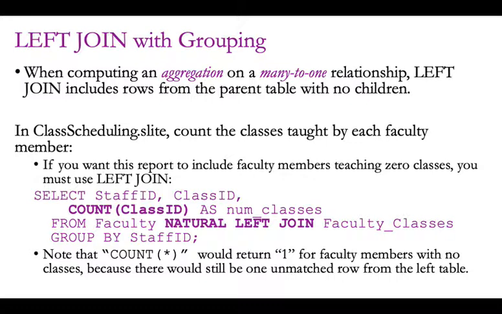But if you had count star instead of count class ID, you would get 1 for the faculty members that are teaching no classes, because they still have a row, but it just has a null value on that right-hand side.